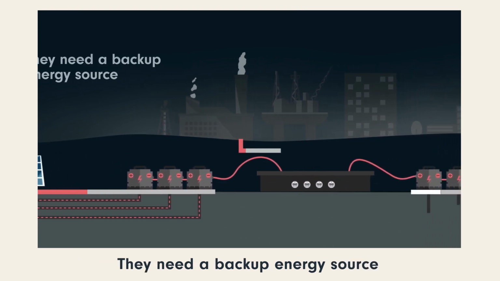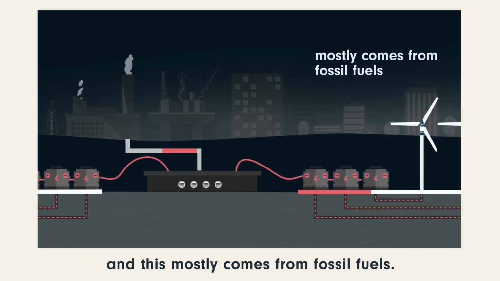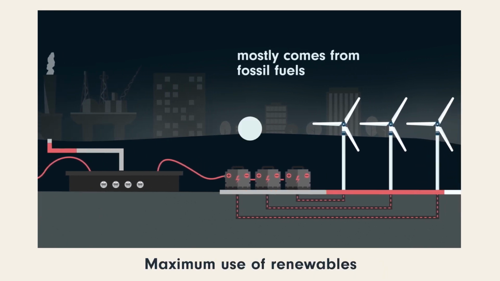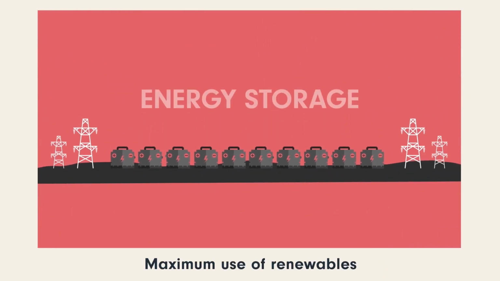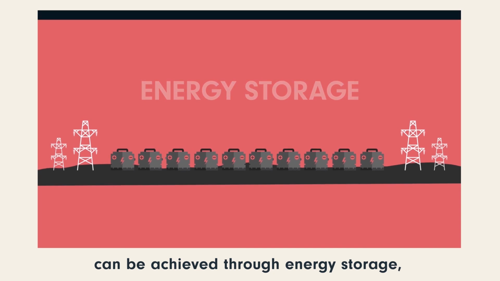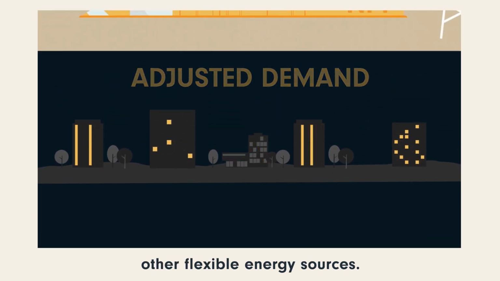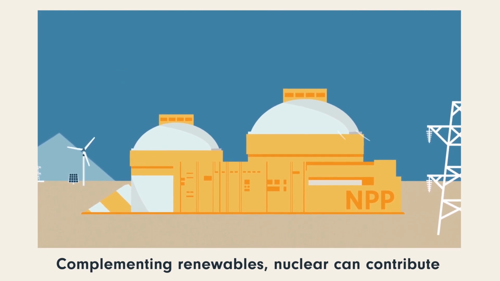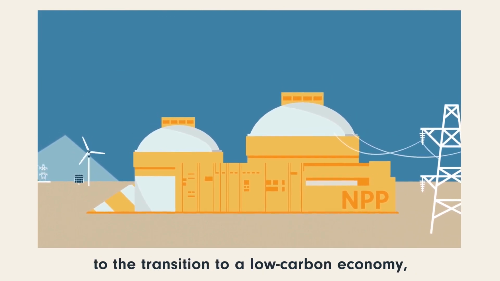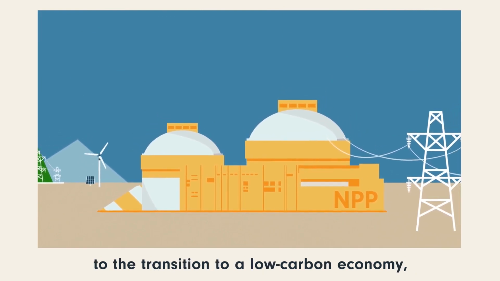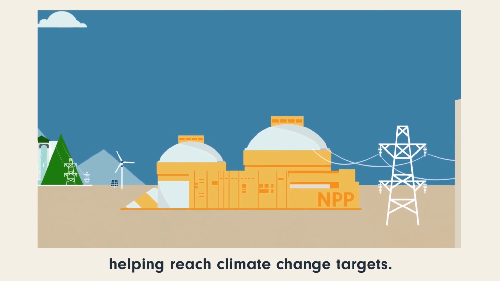They need a backup energy source, and this mostly comes from fossil fuels. Maximum use of renewables can be achieved through energy storage, adjusted demand, or help from other flexible energy sources. Complementing renewables, nuclear can contribute to the transition to a low-carbon economy, helping reach climate change targets.